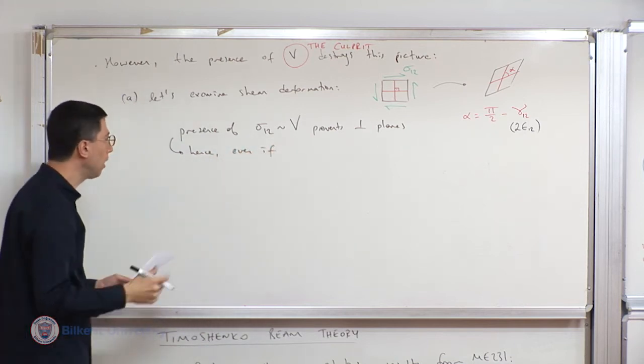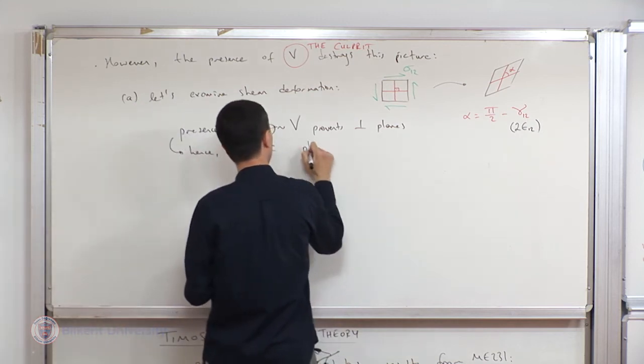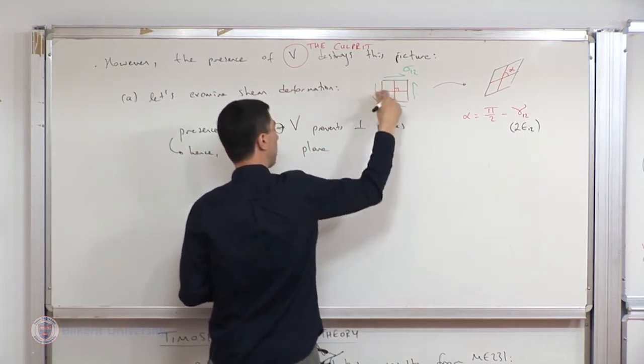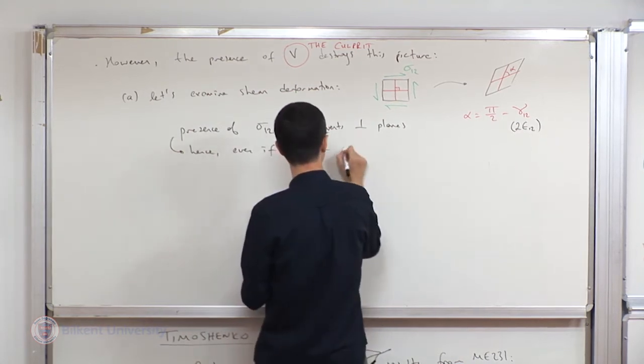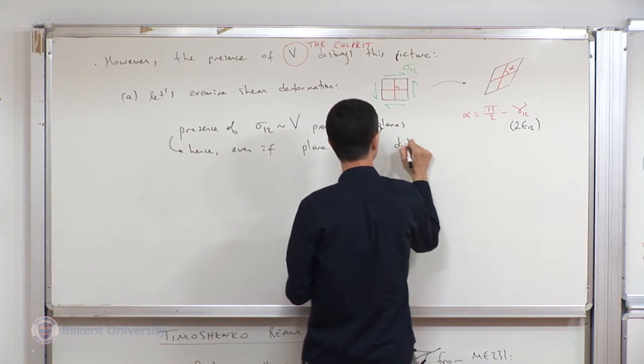let's think of some idealized world where plane sections did remain planar and straight as they do here. They are, by some influence, constrained to do so.